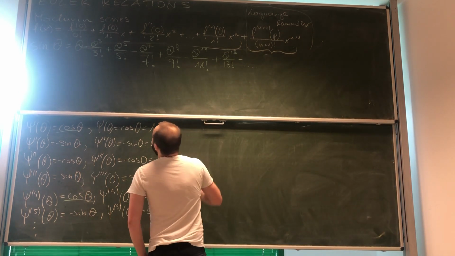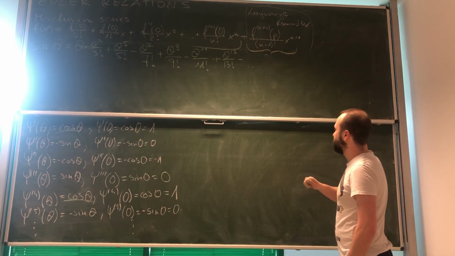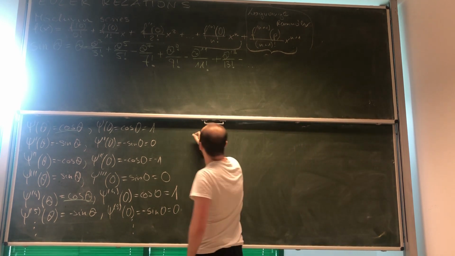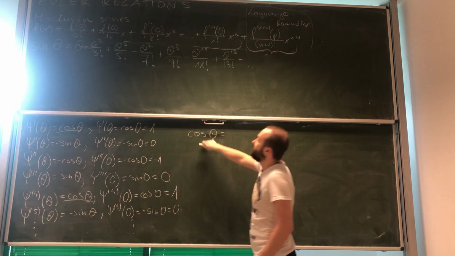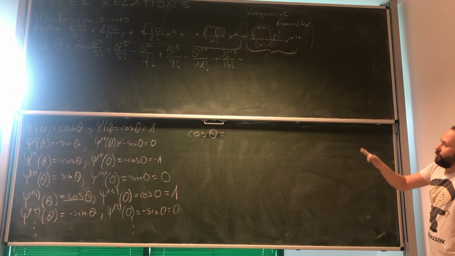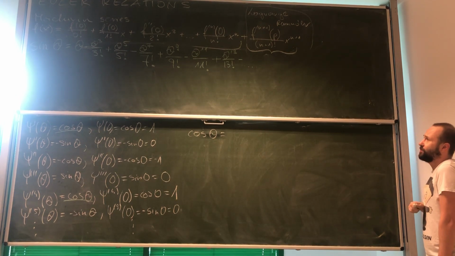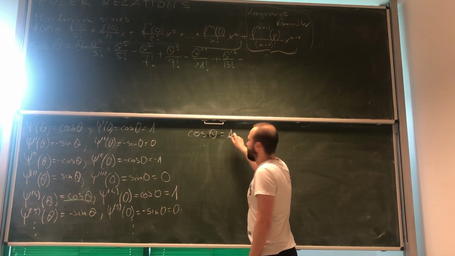Okay, so what do we do next? Well, we use the formula to expand cosine. So first, the function evaluated at 0, which is 1, divided by factorial 0, which is also 1.